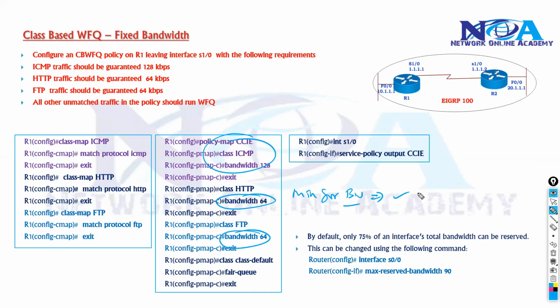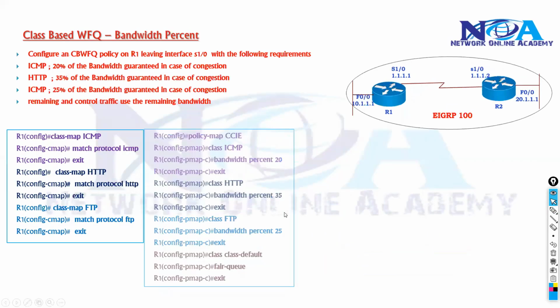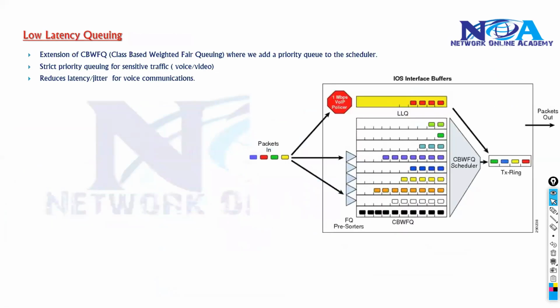But again, the problem is, what about the VoIP traffic? If you have any kind of real-time sensitive traffic, you don't just want a guarantee. You want a guarantee and, at the same time, some kind of priority as well. We don't have any priority option here. So what this low latency queuing mechanism does is it is the same as class-based weighted fair queuing, more like an extension to the previous one.